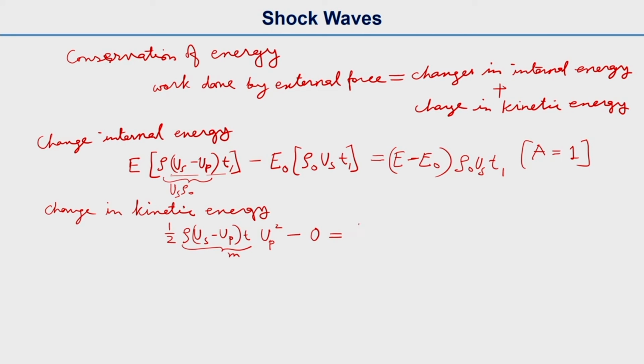That will give us half rho naught Us Up squared T. Same as before, from the conservation of mass, this part will be Us rho naught. So this will give us this expression.